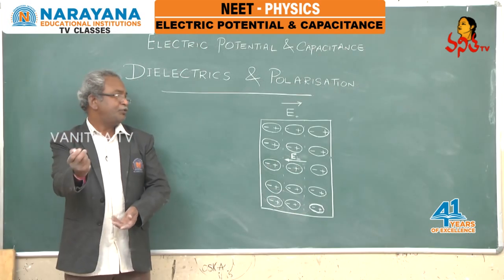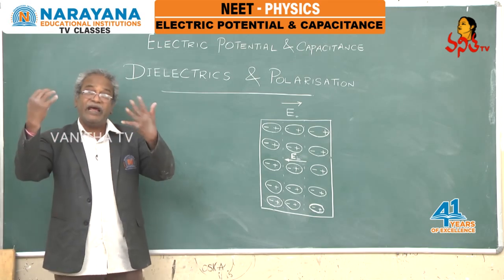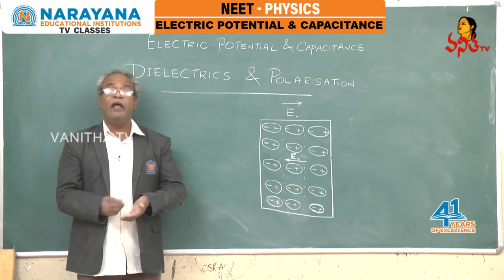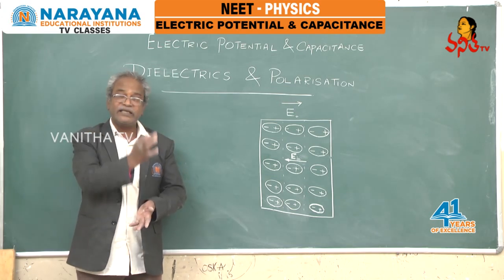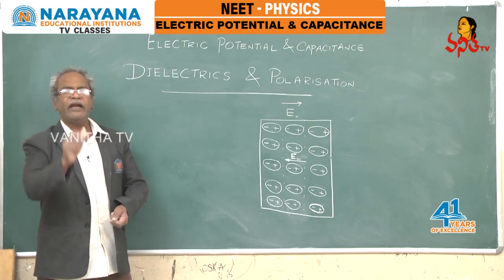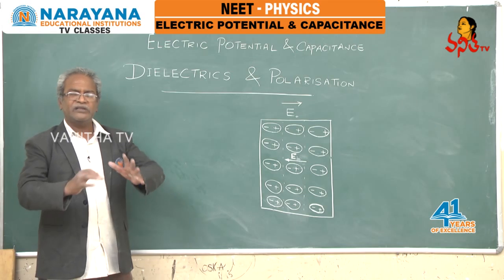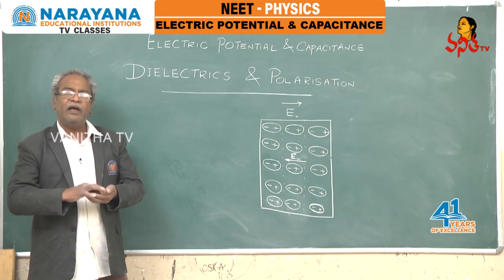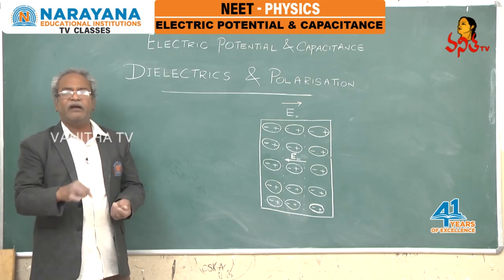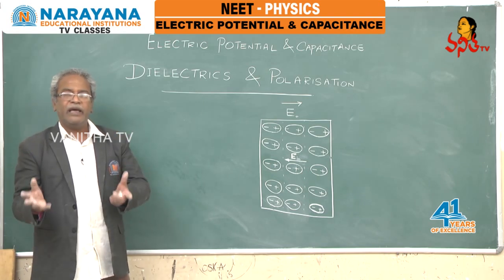Yes, dear students, when a dielectric medium is placed in an external electric field, a net dipole moment will be induced inside the dielectric medium. Previously, because of the random arrangement of all the molecules, the net electrostatic dipole moment inside the dielectric medium can be a null vector.